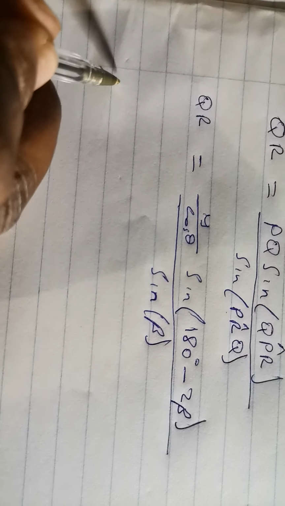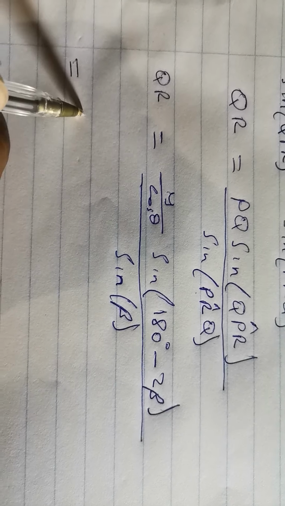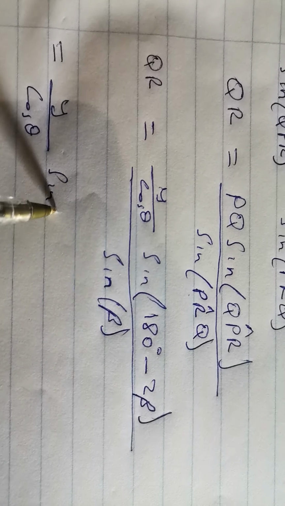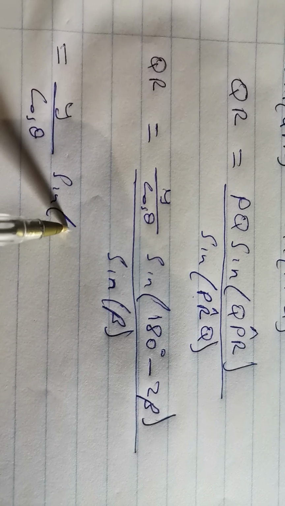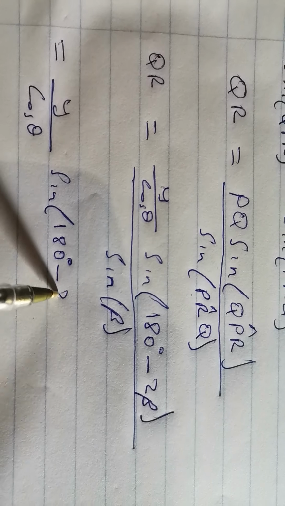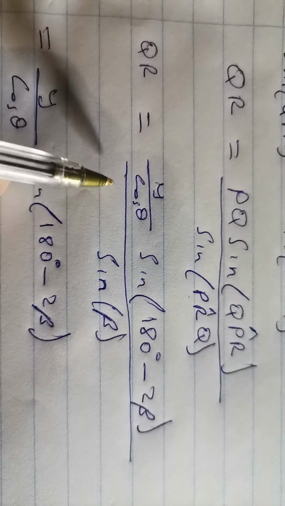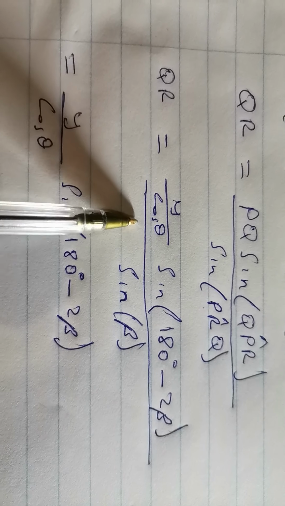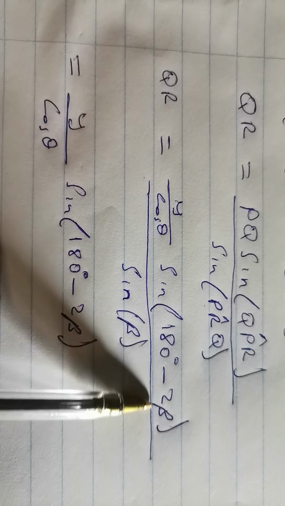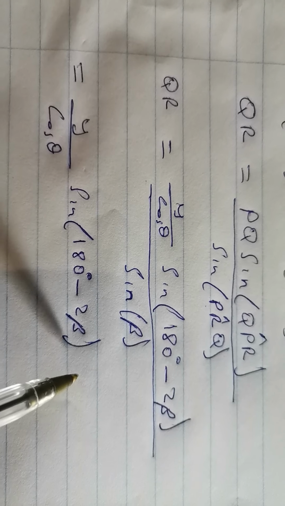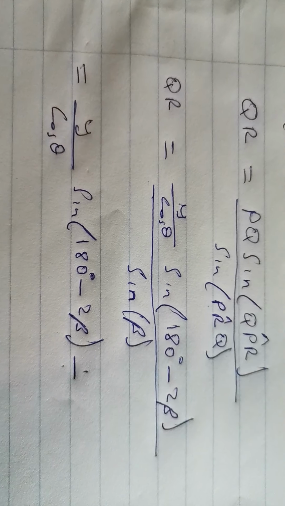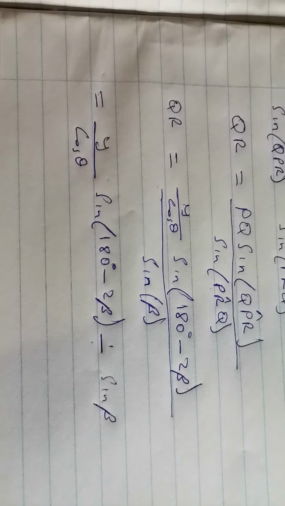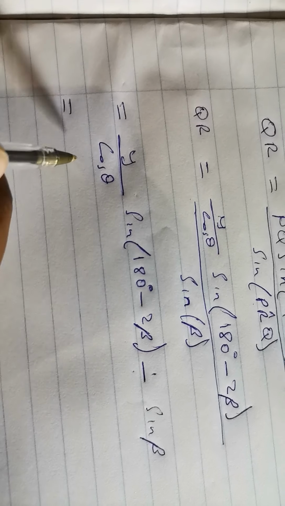So let's first take the numerator and write it like this: y over cos theta sine of 180 degrees minus 2 beta, and then change this division line into this operator form, division like this, and then write sine beta, right? So it's important to do this when you are not sure about these things, so that you don't get confused.